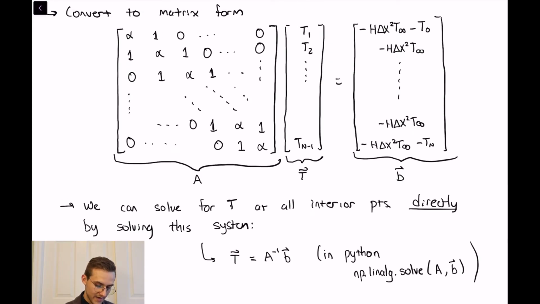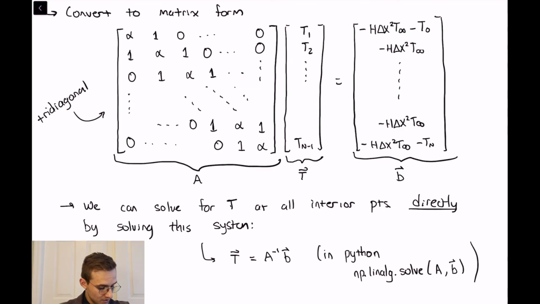So one thing that I haven't noted yet is that this matrix has a structure called a tri-diagonal structure. And we have very efficient algorithms for solving tri-diagonal systems. So that's another reason why central difference is preferred, because it results in a tri-diagonal matrix, which we can solve very efficiently.